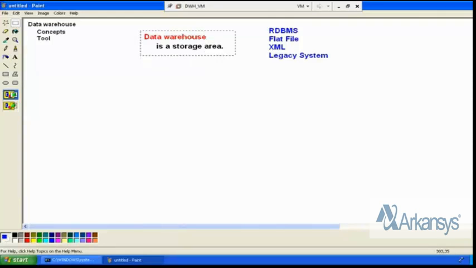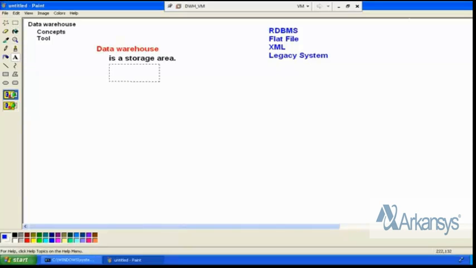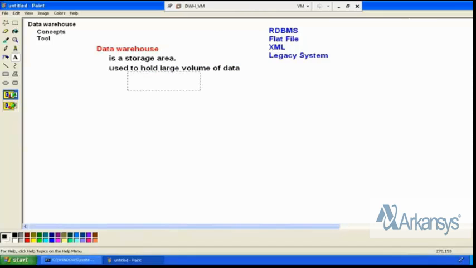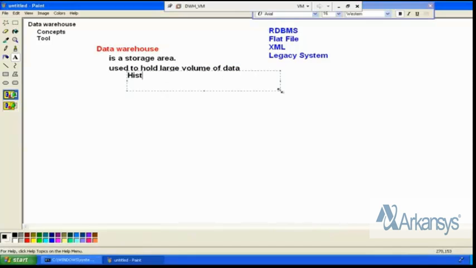Now what are the other specifications? Within the storage area, how much information will be stored? It is used to hold a large volume of data, called historical and current data.